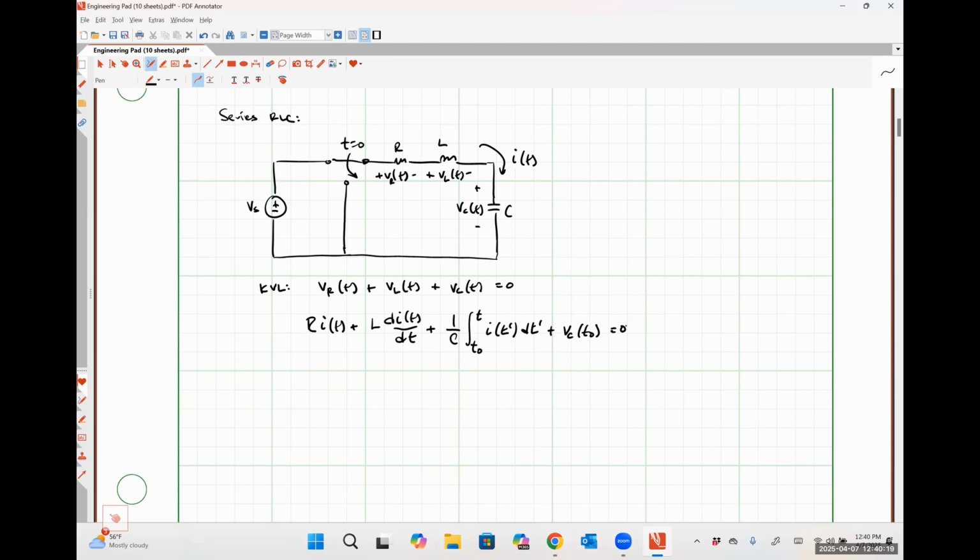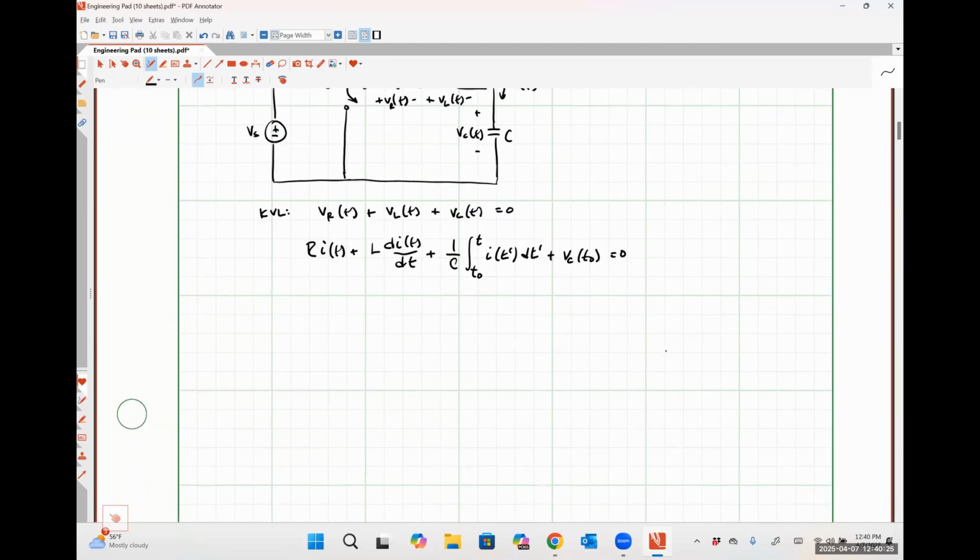And once again, I took the derivative of both sides, and I'm dividing through by a factor of L in this case to get a second order differential equation that looks like the second derivative of our current with respect to time plus R over L times the first derivative of our current with respect to time plus 1 over LC times, actually, no, I won't have an integral anymore, sorry, that'll be just my current with respect to time, is equal to 0.